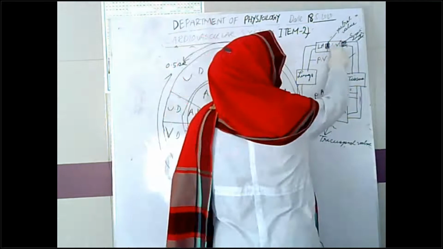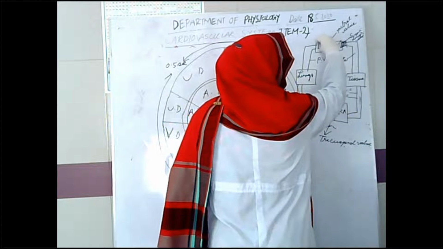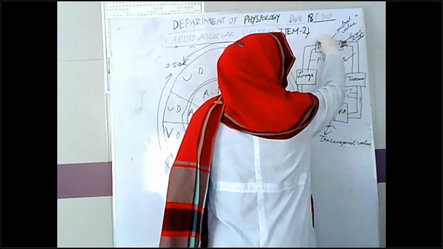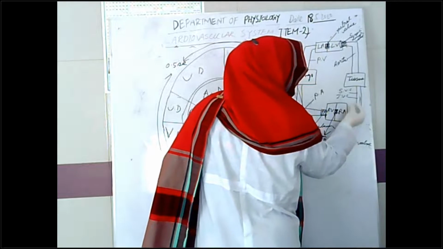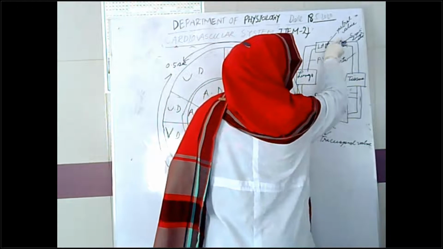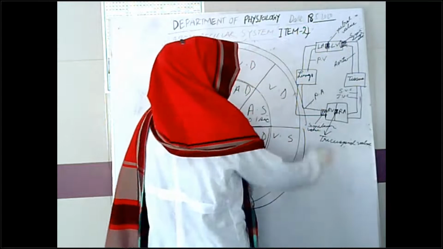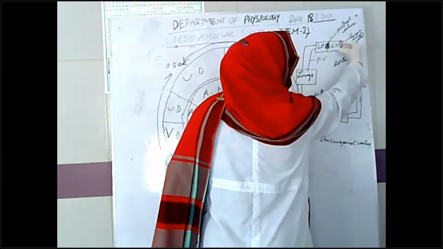So much blood collects within the left atrium and right atrium, and this blood is pushed towards the right ventricle and left ventricle, and the atrioventricular valves open. That is, the tricuspid valve and mitral valve open passively.